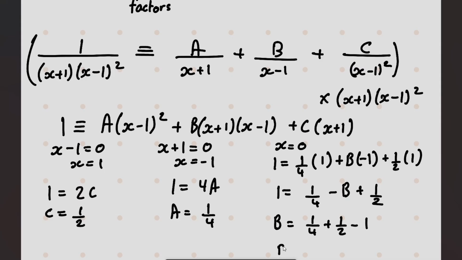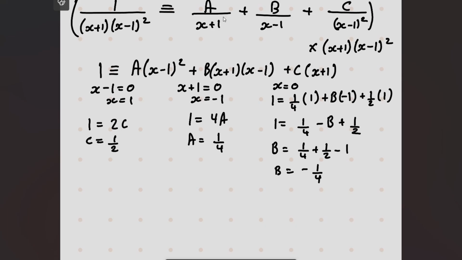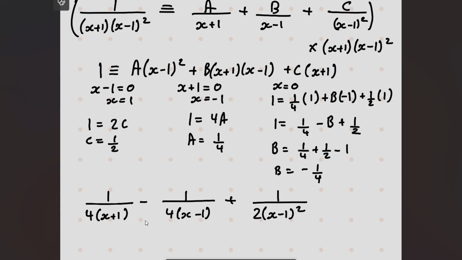And this all simplifies to negative 1 over 4. So now what you can do is replace a, b, and c with the values you've just found. So you have 1 over 4 times x plus 1, minus 1 over 4 times x minus 1, plus 1 over 2 times x minus 1 whole square.